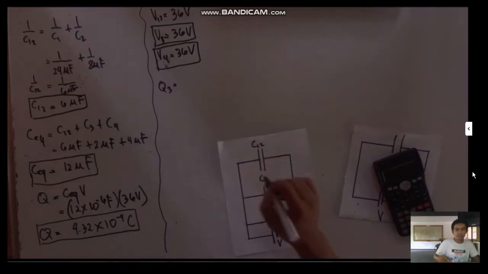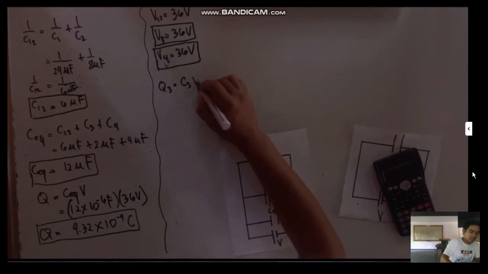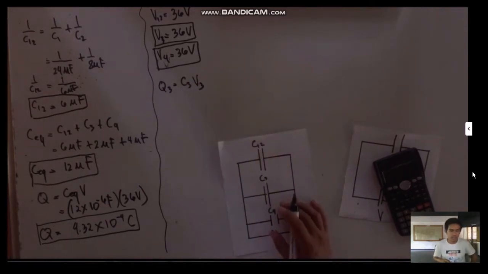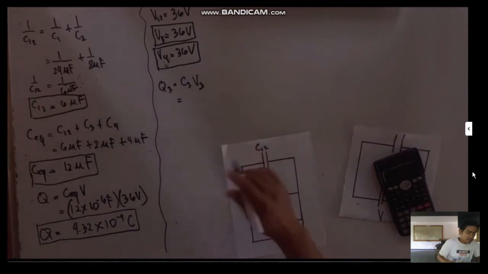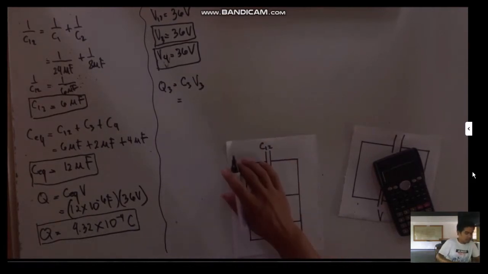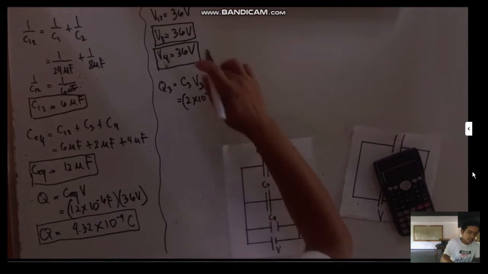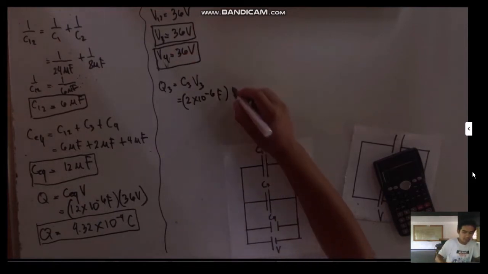Since capacitance equals charge over voltage, Q3 is capacitance 3, 2 microfarad, or 2 times 10 to negative 6 farad, times voltage 3, which is 36 volts.